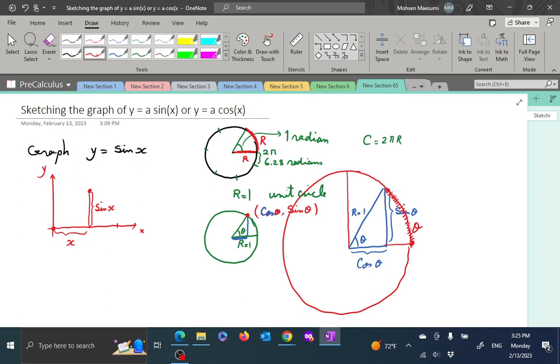So at the point where x becomes pi over 2, sine becomes 1. Sine of pi over 2 is equal to 1. As we increase our angle past pi over 2 and come back to pi, our sine is going to decrease and come down to 0. So by the time I hit pi, my graph has gone up, and then it comes down.